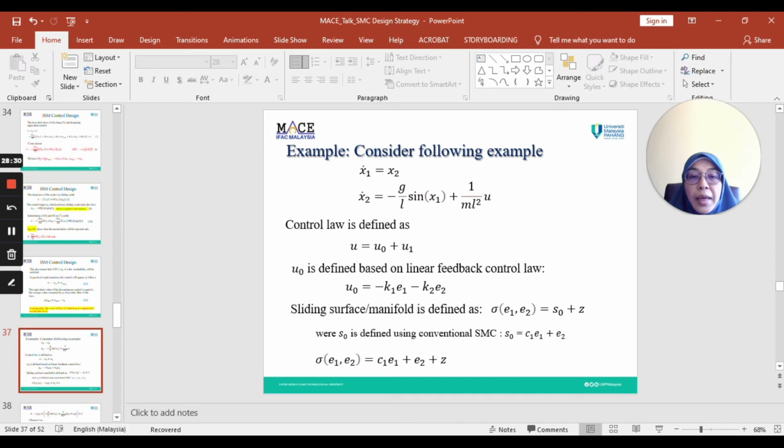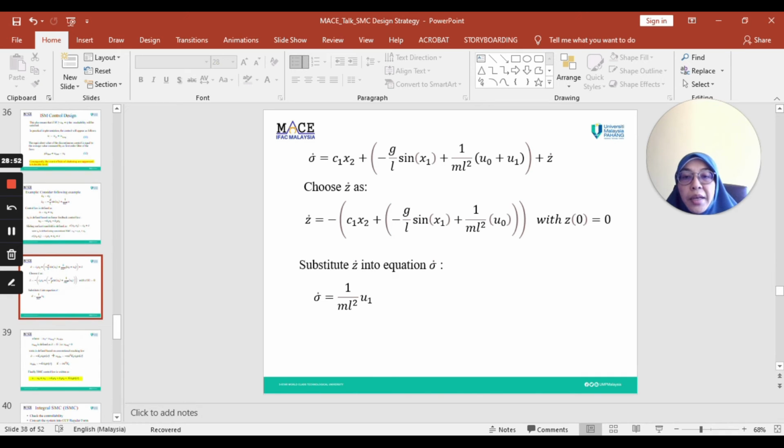And then we define our sliding surface or sliding manifold as this. As I mentioned earlier, our S naught is defined based on conventional SMC. When we substitute into this equation, we will have this equation, and then the derivative of our sliding surface. Then we can choose our z dot like this, and finally, when we substitute this z dot into the equation, we end up with this.